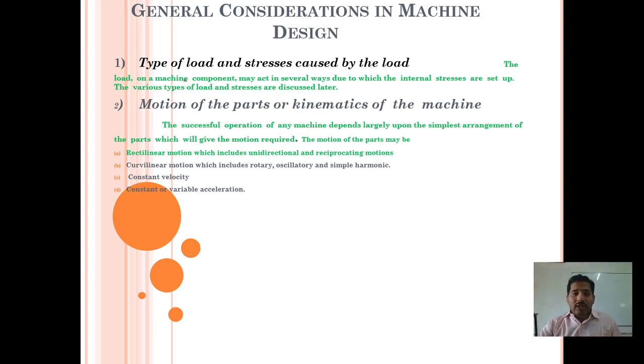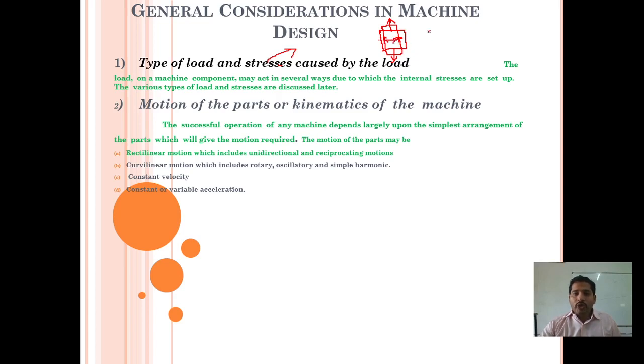In tensile stress, what will happen? Let us consider a body. When two equal and opposite forces are applied on a body, the length of the body will increase and the diameter of the body will decrease.